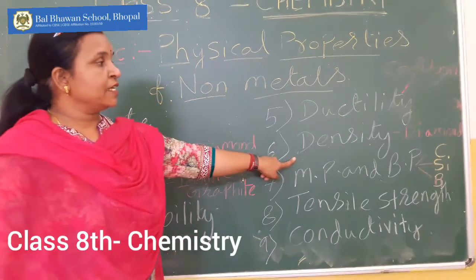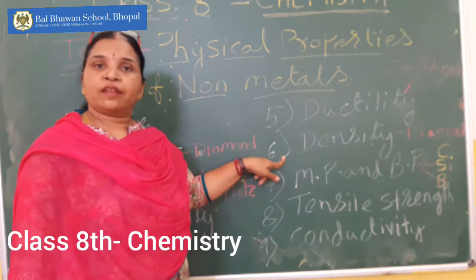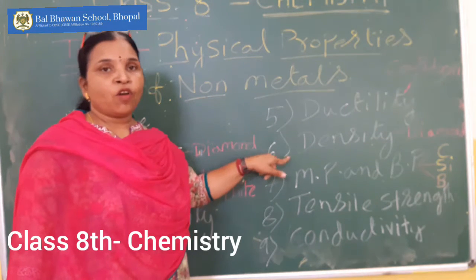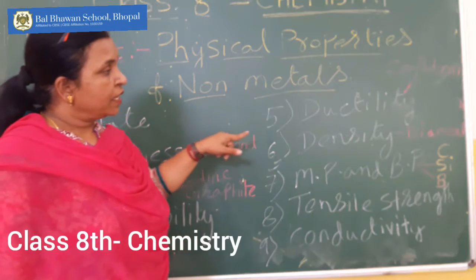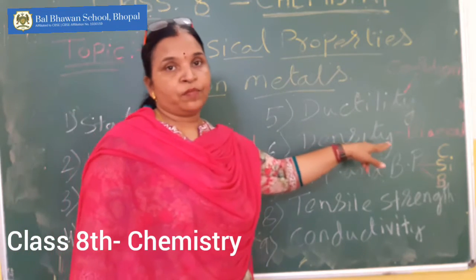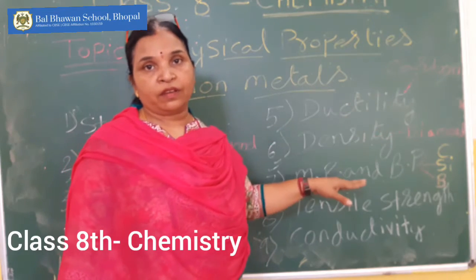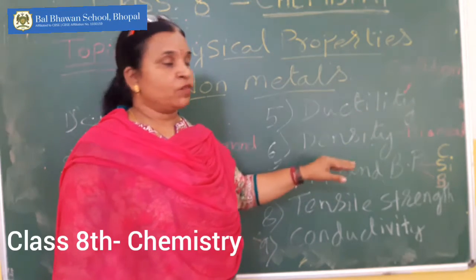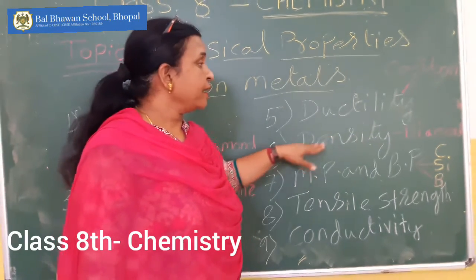Coming to the density. Density of the non-metals varies. They are not denser like the metals. But there is one example, that is diamond, that is allotrope of carbon, allotrope of graphite, you can say, that has high density.